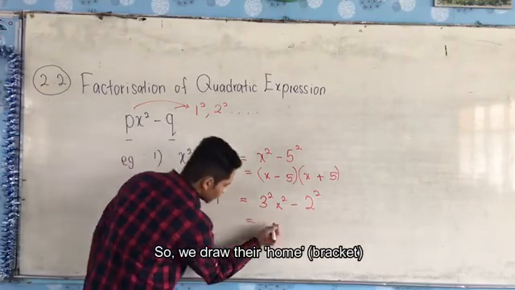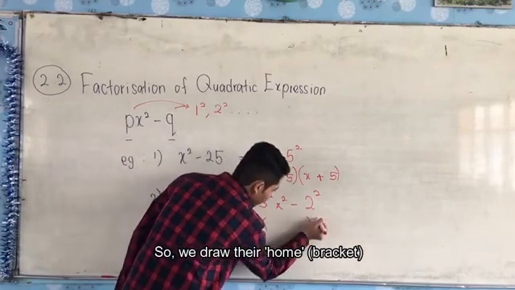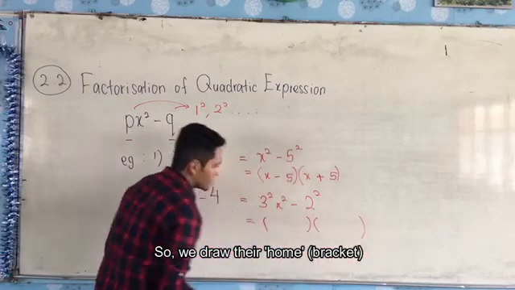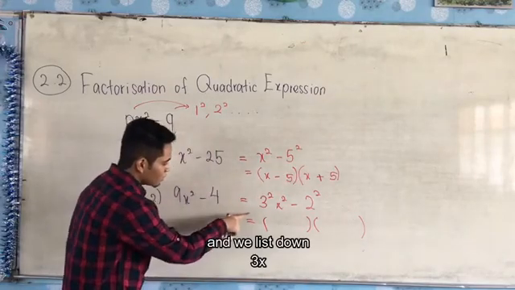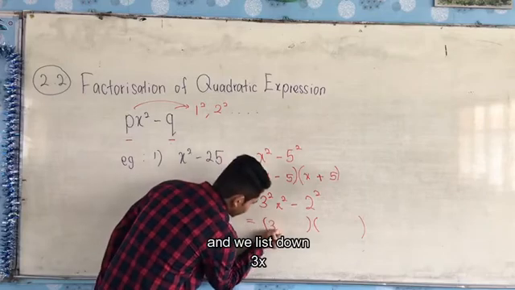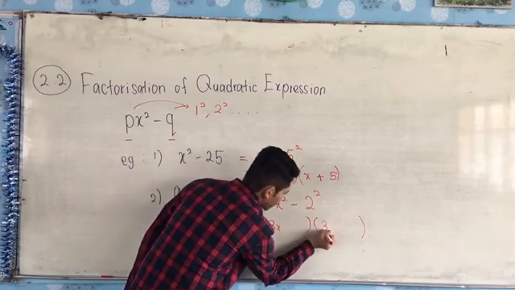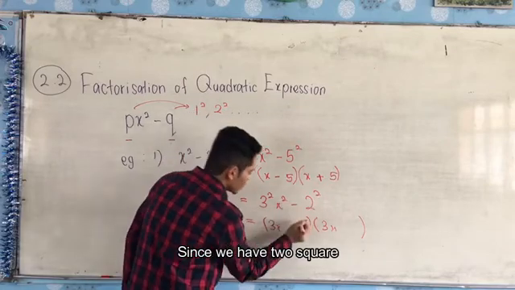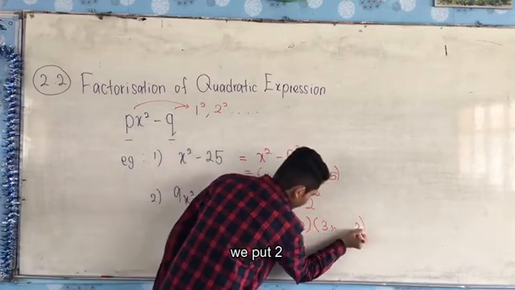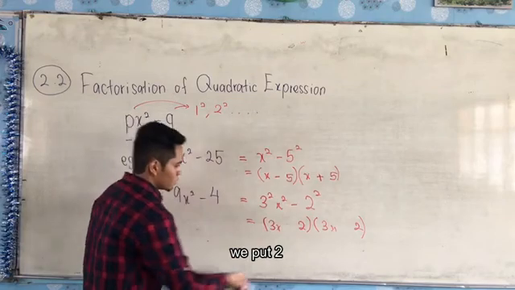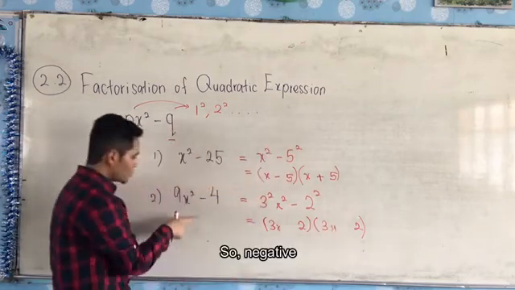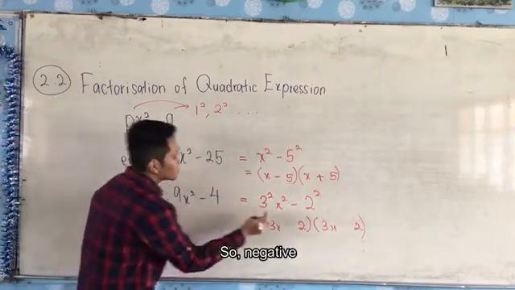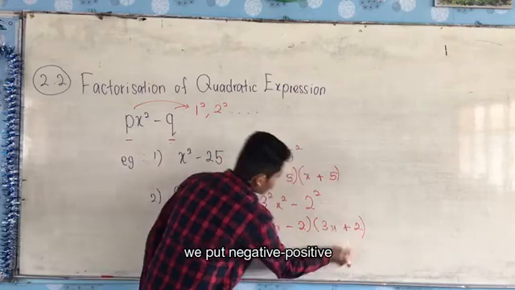So we draw the bracket here, and we list down 3x, 3x. Since we have 2, we have also 2. We put 2 and 2. So one is negative and one is positive.